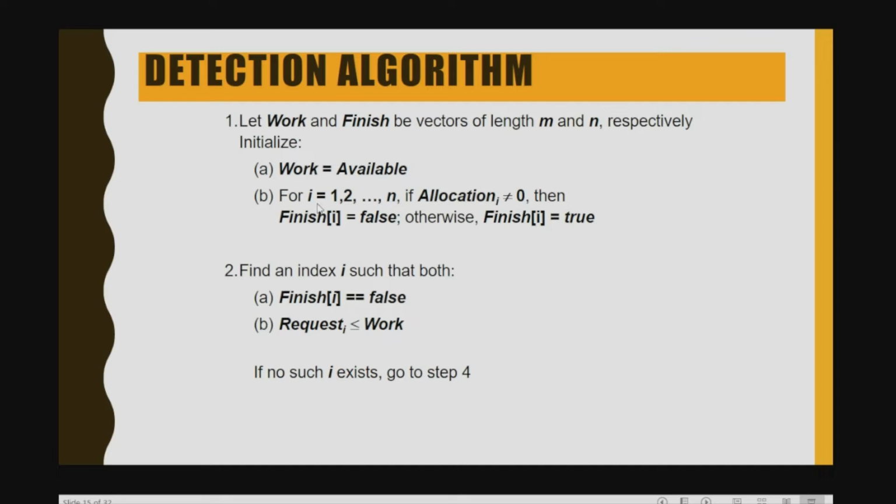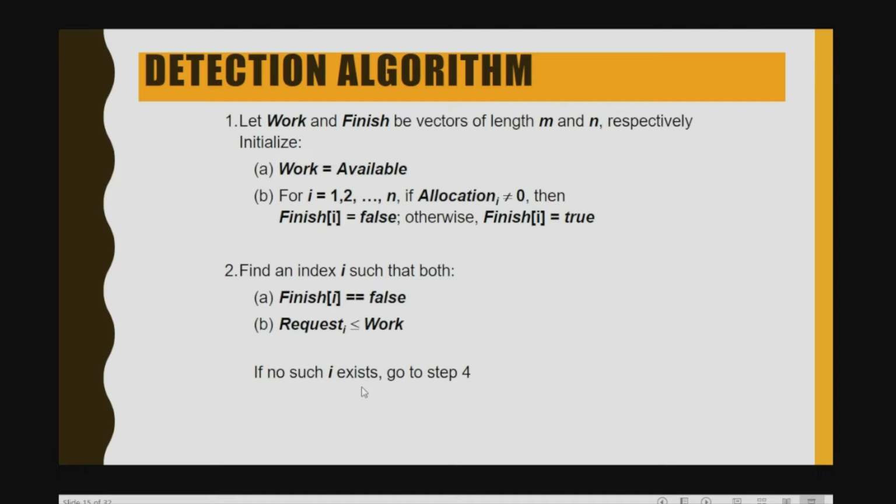This is a Boolean statement, either false or true. That is step 1, the initialization. Next, step 2: find an index i such that both Finish[i] equals false and Request[i] is less than or equal to Work, referring to the available resources.